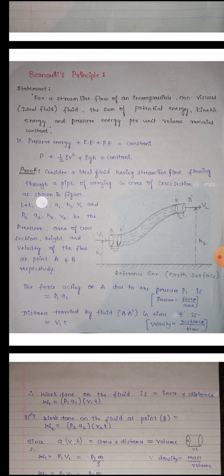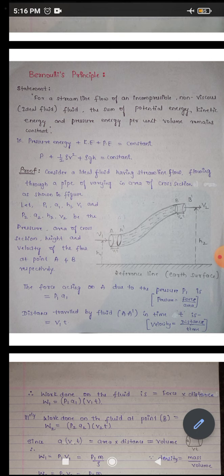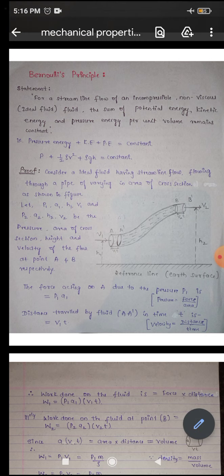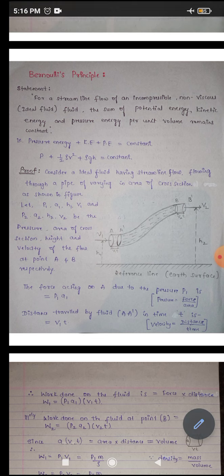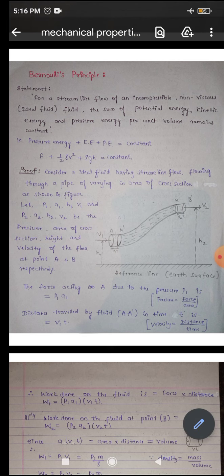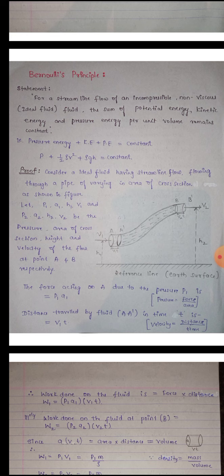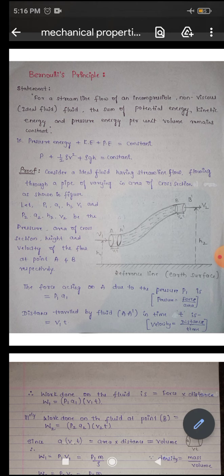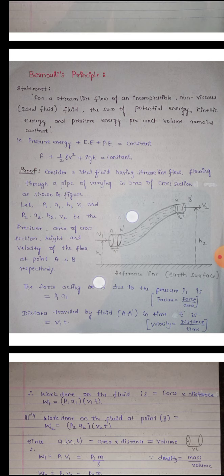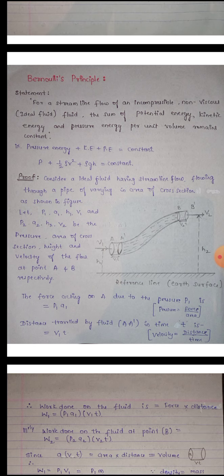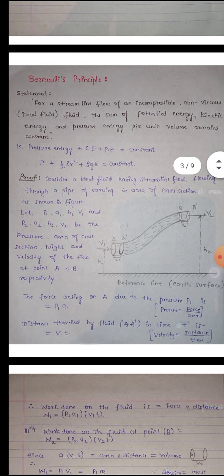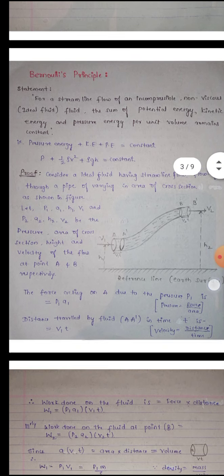Let us take P1, A1, H1, V1 and P2, A2, H2, V2. P1 is the pressure, A1 is the area of cross section, H1 is the height of the pipe, and V1 is the velocity of the fluid at point A. Here we are taking the reference line as the earth surface.